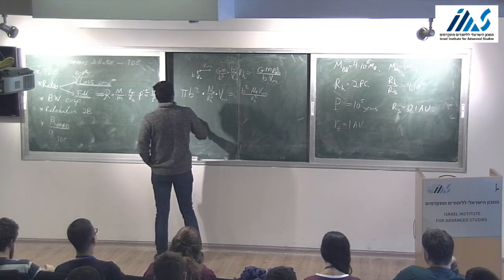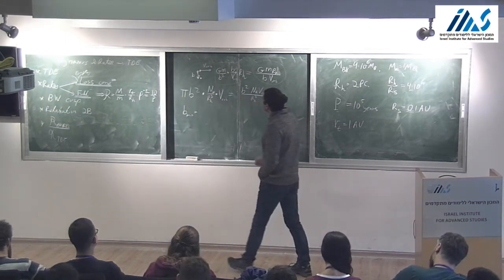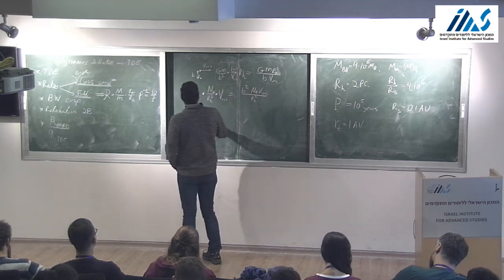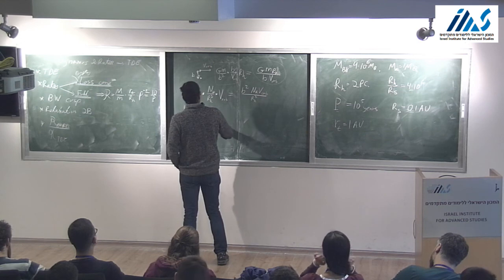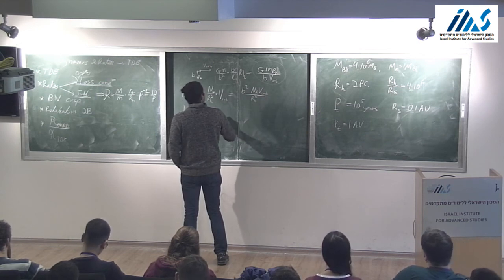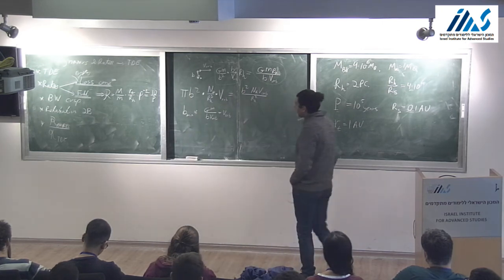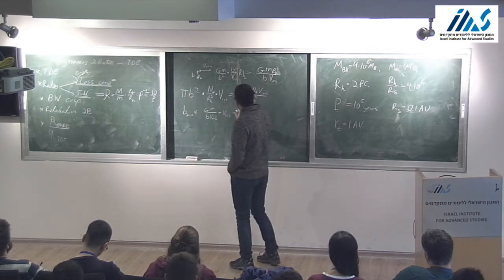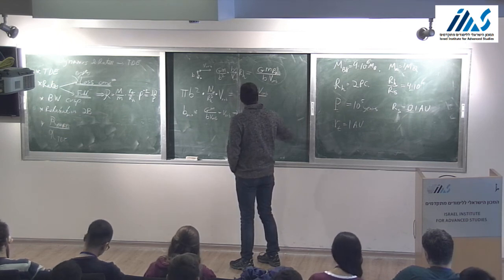So b min can be calculated from equating this, GM over b v orbit, equal v orbit. So b min is equal to GM over v orbit squared.